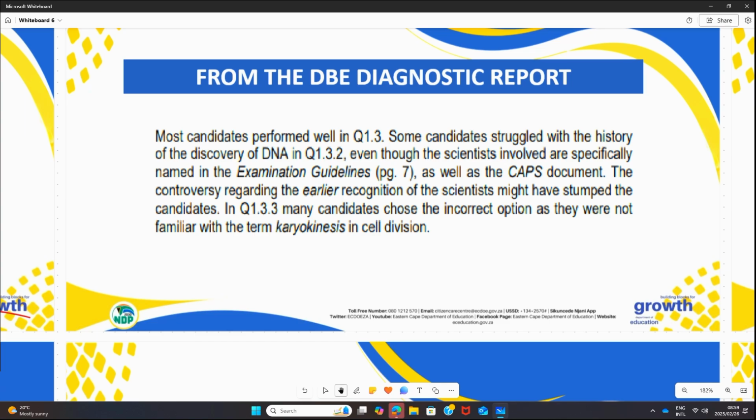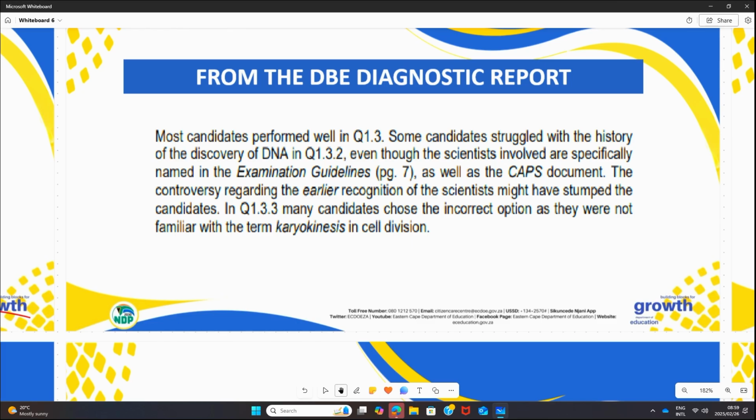Some candidates struggled with the history of the discovery of the DNA, and that question was question 1.3.2, even though the scientists involved are specifically named in the examination guideline page 7 as well as the CAPS document. The controversy regarding the earlier recognition of the scientists might have stumped the candidates.